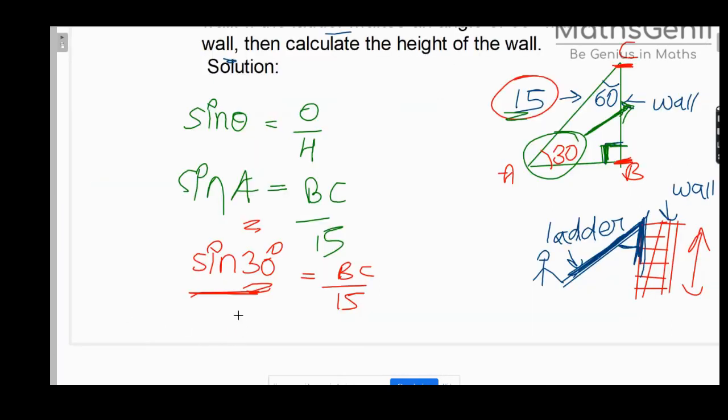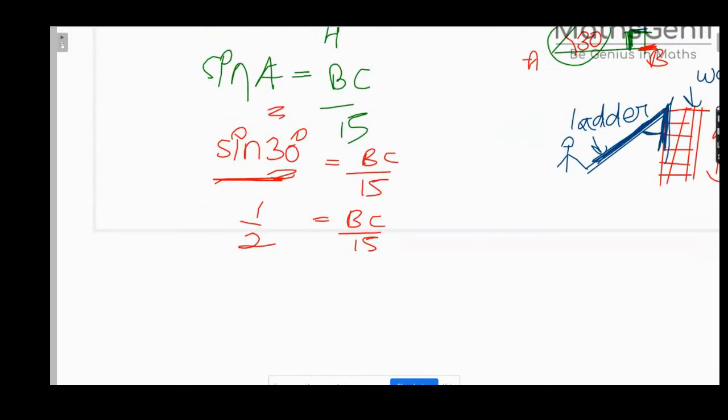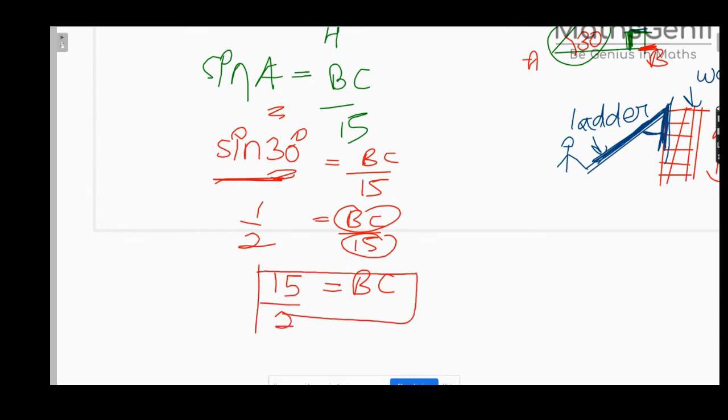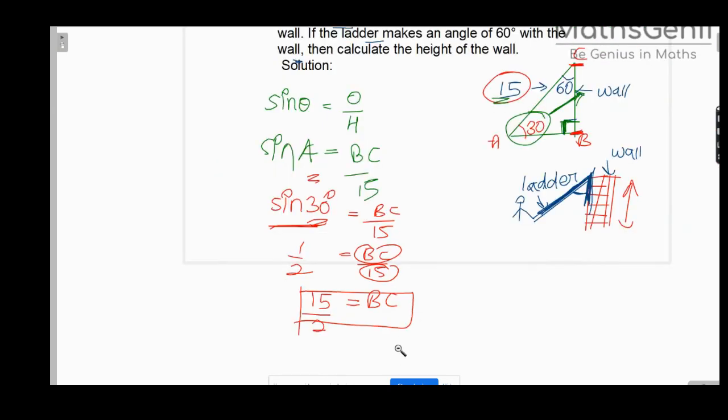Sine 30 is half, equal to BC upon 15. What I want to find is BC. So let's isolate BC. 15 goes to the other side and becomes multiplied. So BC is 15 upon 2.